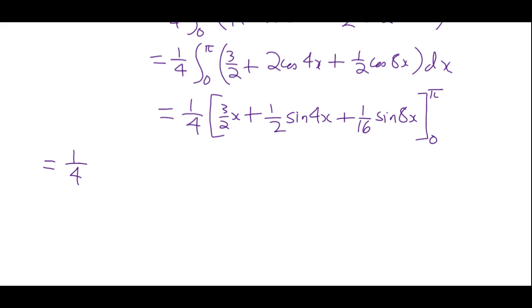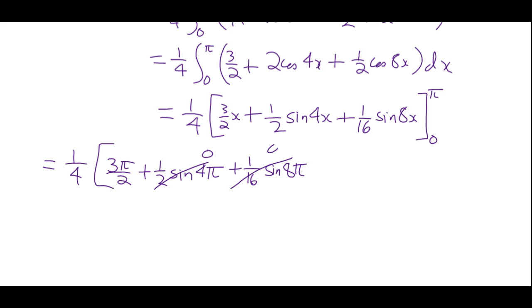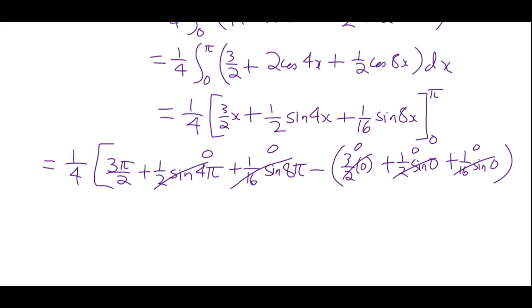Okay, so if we do the full substitution, it's 1/4 of 3 pi over 2 plus 1/2 sine 4 pi, which is going to be 0, plus 1/16 sine 8 pi, which is going to be 0, minus 3/2 times 0, which is going to be 0, plus 1/2 sine 0, which is going to be 0, plus 1/16 sine 0, which is going to be 0.